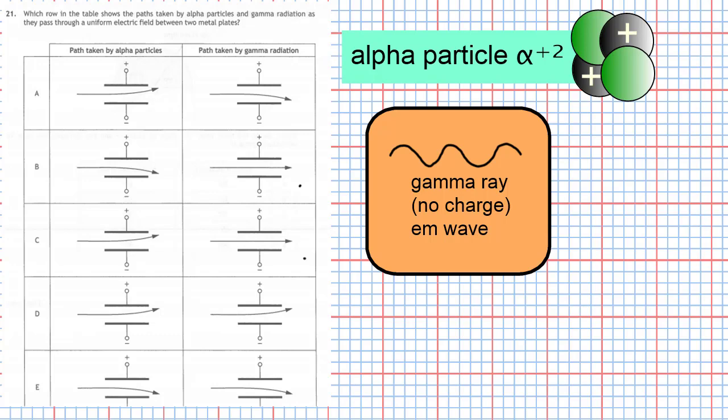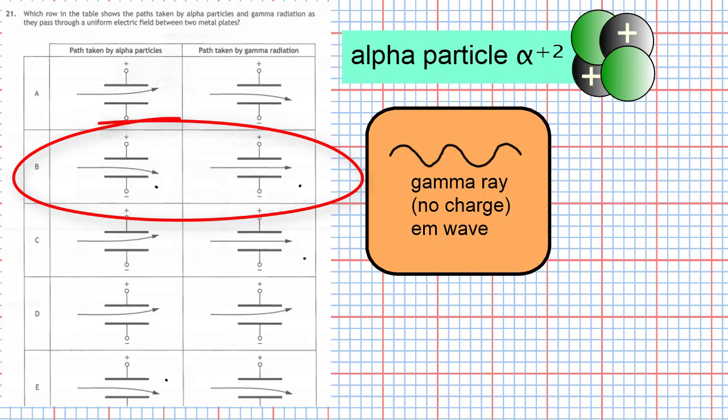So we're looking for the path to bend towards the negative plate. This one's out, this one is in, and so is this one. But as you can see, it's got to be answer B, because the gamma ray passes through the electric field plates without deviation, and the alpha particle is pulled down towards the negative plate. So our answer for 21 is B.